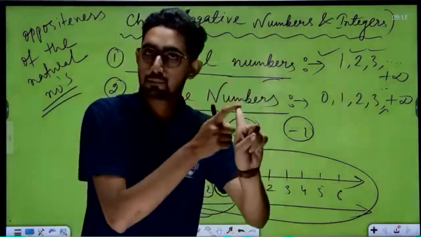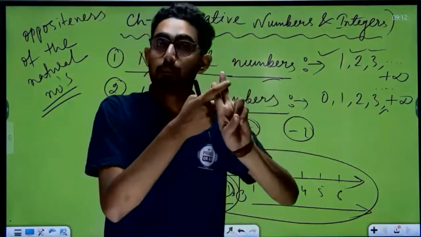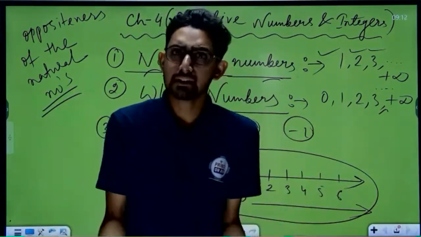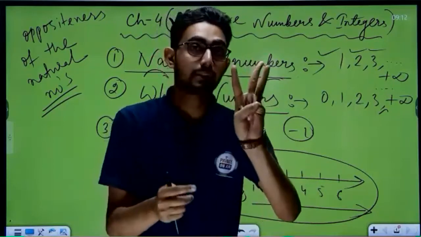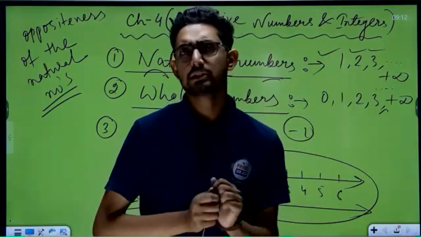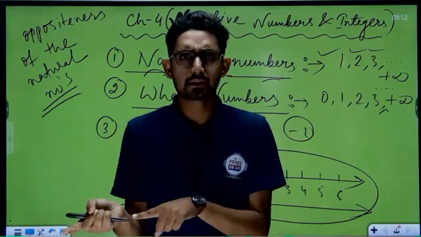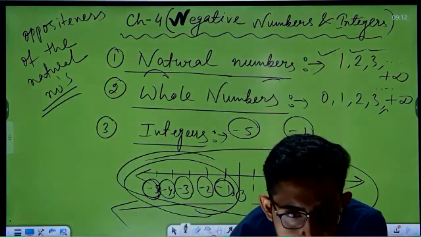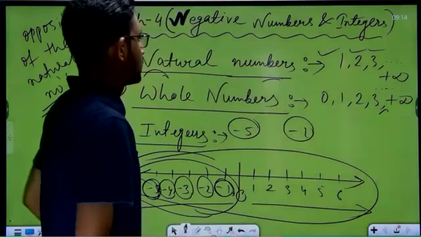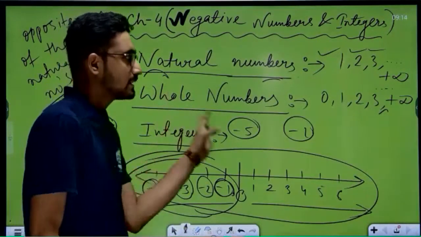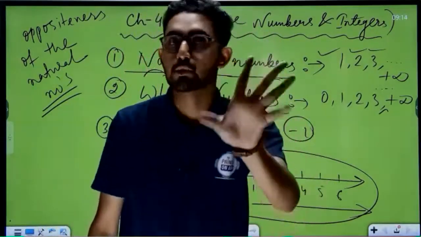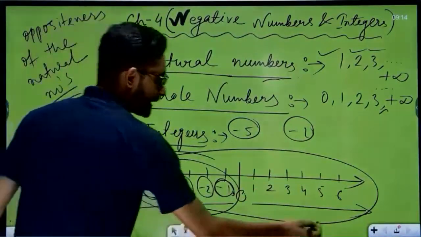Integers include 0, all the positive numbers and all the negative numbers, that is known as what? इंटीजर्स, है ना। इंटीजर्स में 3 टाइप का नंबर आता है, याद रख लेना: 0, negative numbers और positive numbers। So students, as I told you, integers are the combination of negative numbers, positive numbers and 0. Understood?